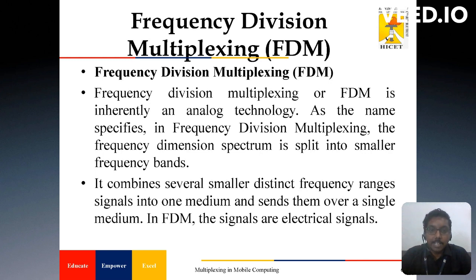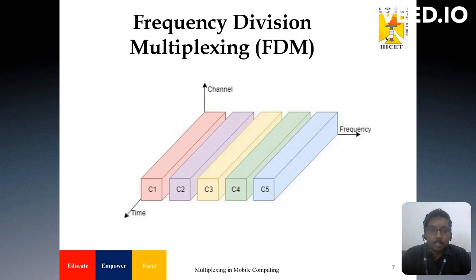These FDM signals are electrical signals. This is a simple diagram that depicts frequency division multiplexing. You can see the channel here, and time over there, and it is divided into frequencies. Each frequency carries the spectrum values.